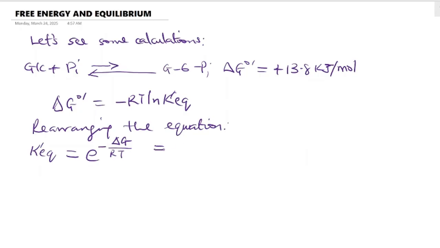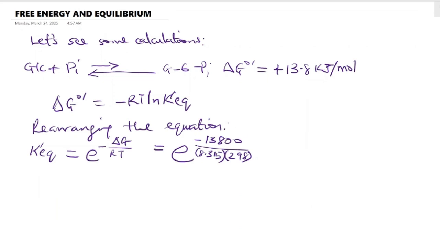And when you substitute into the equation, we have e to the minus 13,800 all over 8.315 times the temperature, 298.